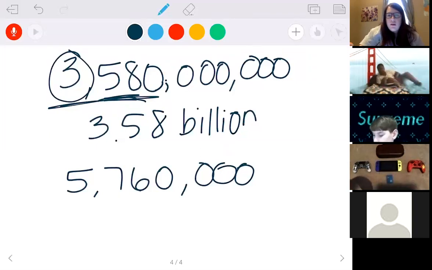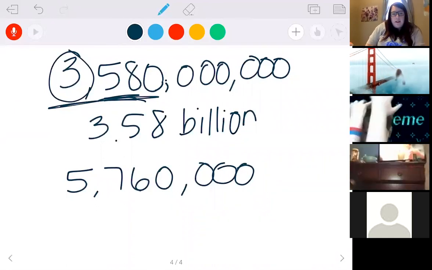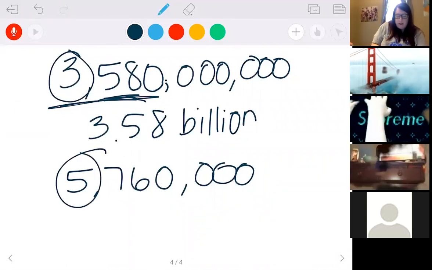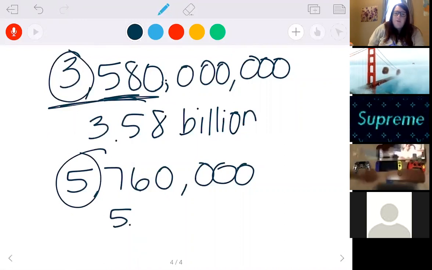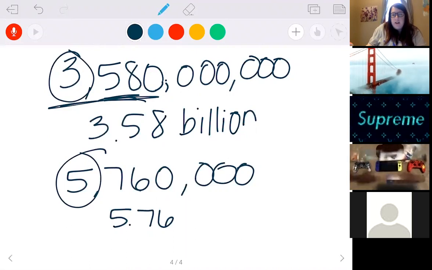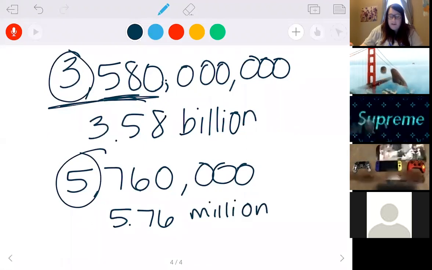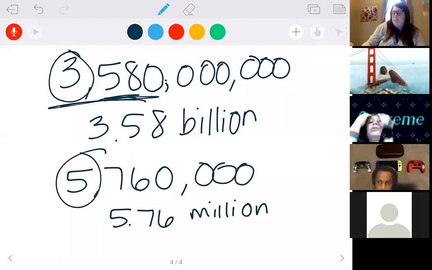Oh, yeah, this one shows I'm pulling from classwork. Well, I'm pulling from stuff that you're not going to do today, but I do want you to try. Okay, so for this one, I'm going to take the first number I see, put a dot after it, 76, then the rest are zero, so I just put 76. And it's in the millions too. 5,760,000. The short name is 5.76 million.